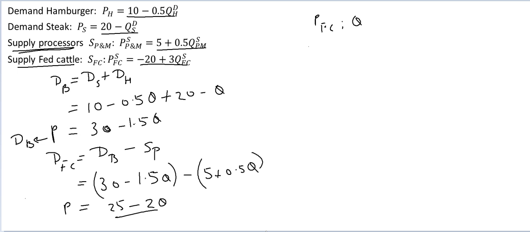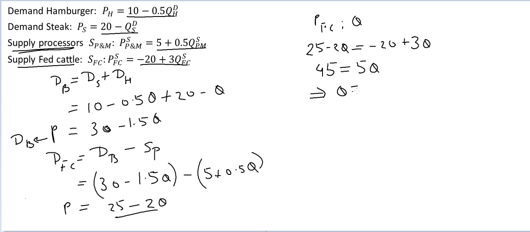Equating them, you get 25 minus 2Q equal to negative 20 plus 3Q. Then you take the 20 to the other side, so it's going to be 45 equals 5Q. This implies Q equals 9. So 9 is your total quantity.